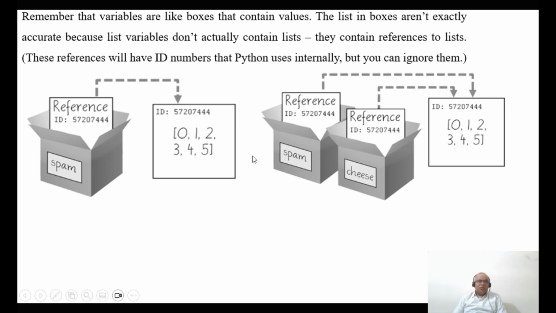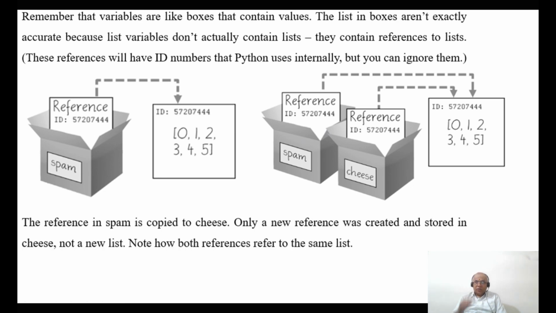Once you assign spam to cheese, both will have the same reference. You can see here the reference ID and here the reference ID; both are one and the same. Therefore, since both references refer to the same ID, once you make changes in cheese, the values are automatically reassigned in spam also. That is the reason you are getting the same output for both.